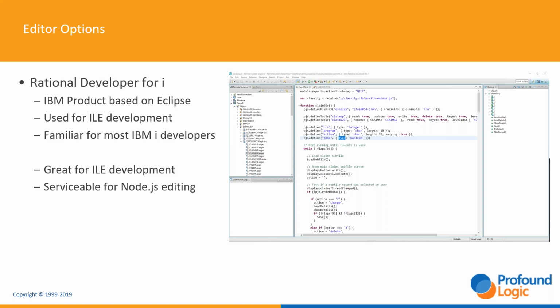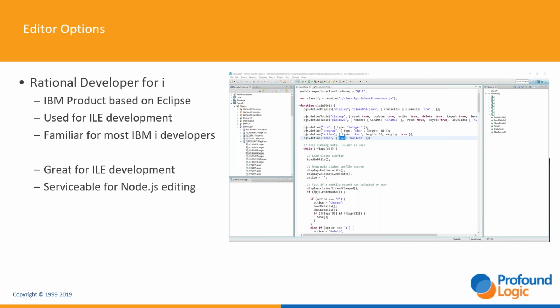You're more than likely doing this in Rational Developer now. It's based on Eclipse. As we all know, it's not free. So if your company's already invested in it, you already have it, you can edit Node.js code in Rational Developer. It should be a very familiar environment to you if you're already doing RPG development.